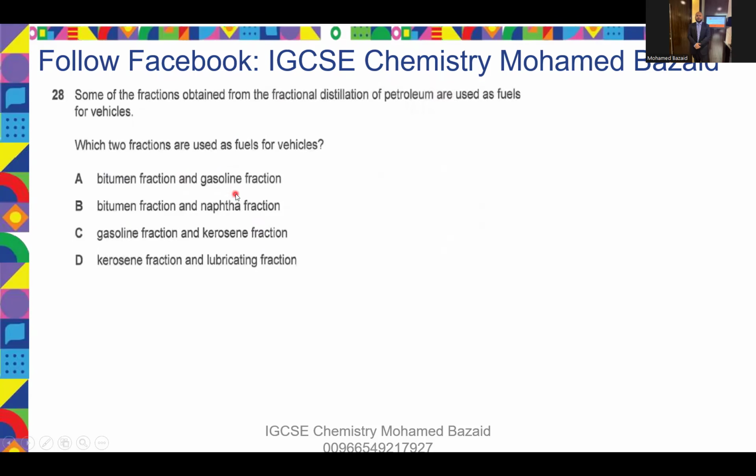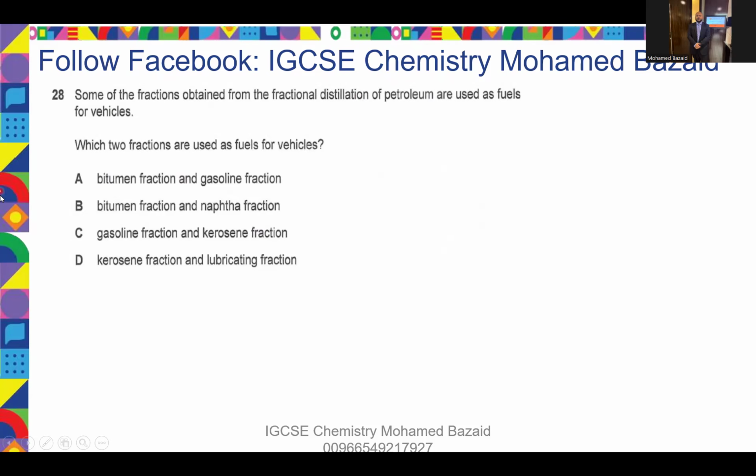28. Some of the fractions obtained from the fractional distillation of petroleum are used as a fuel for vehicles. If you remember: refinery gas, gasoline, naphtha, kerosene, diesel oil, fuel oil, lubricating fraction, and bitumen. You have to know the arrangement and the uses of each one.